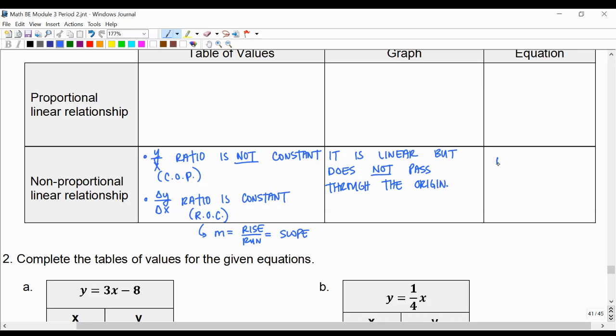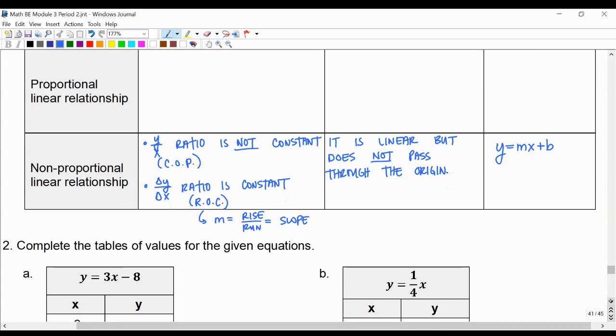And the equation comes in the form y equals mx plus b for a non-proportional linear relationship where we have an extra value at the end that's being added or subtracted. So these were the qualities of non-proportional linear relationships. And next we're going to go down and we're going to look at part of number 2.